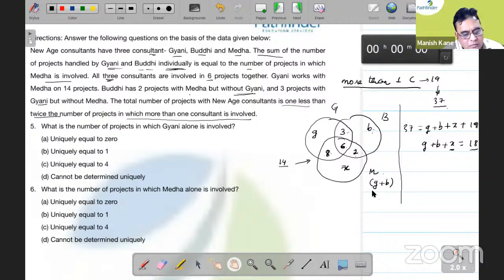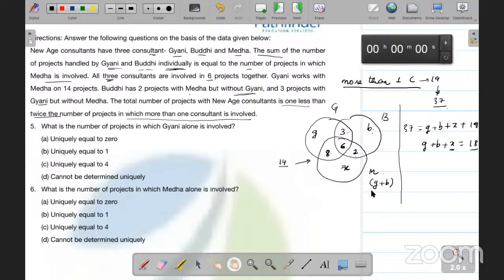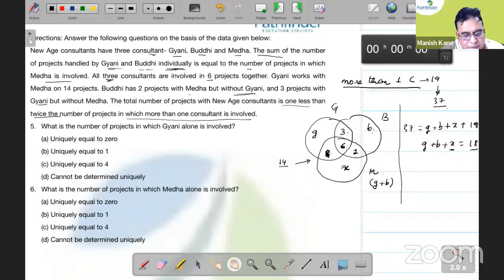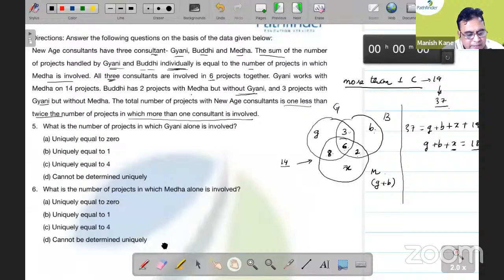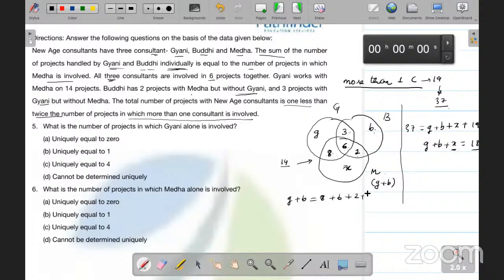See, individually, G plus B is 8 plus 6 plus 2 plus X. Do you agree? G plus B is equal to 8 plus 6 plus 2 plus X. This part you all agree?